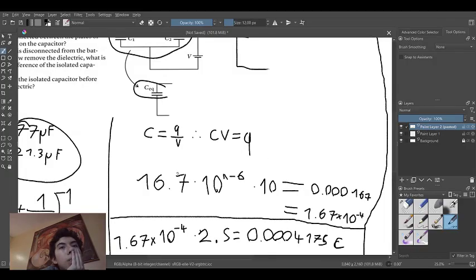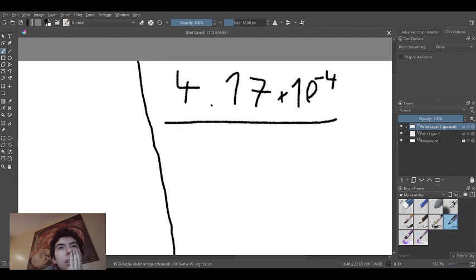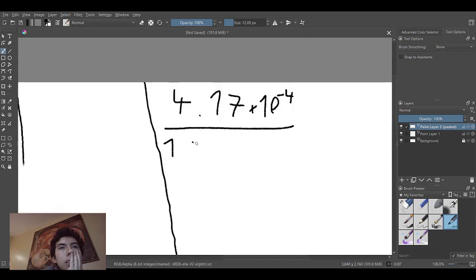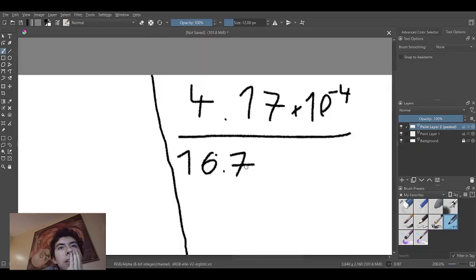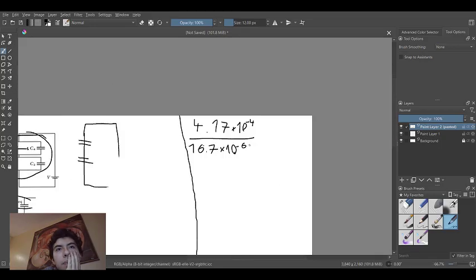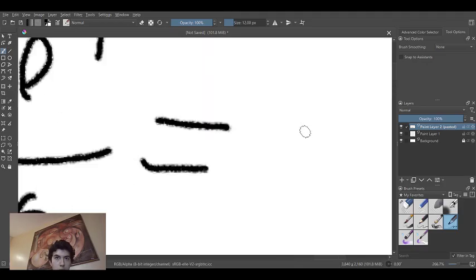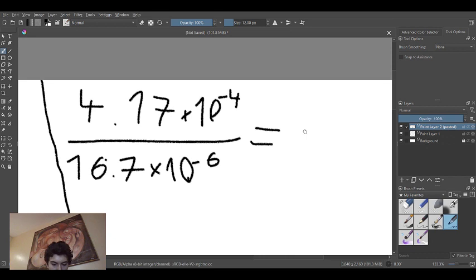So what we're going to do now is take this charge, 4.17 times 10 to the minus 4, over 16.7 times 10 to the minus 6.